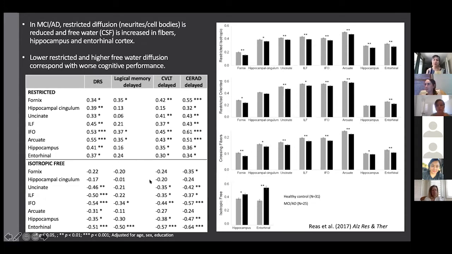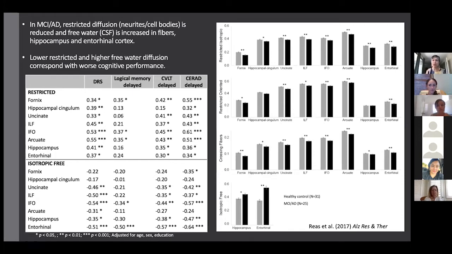And as you can see from all these starred values, those are significant values, there were very strong correlations between higher restricted diffusion and better cognitive performance, lower isotropic free diffusion and better cognitive performance on a range of white matter fibers, as well as in the hippocampus and the entorhinal cortex.